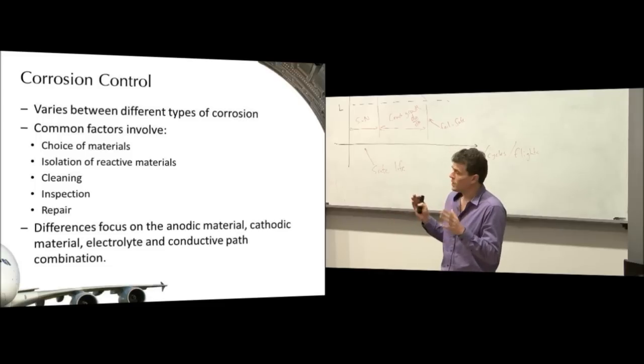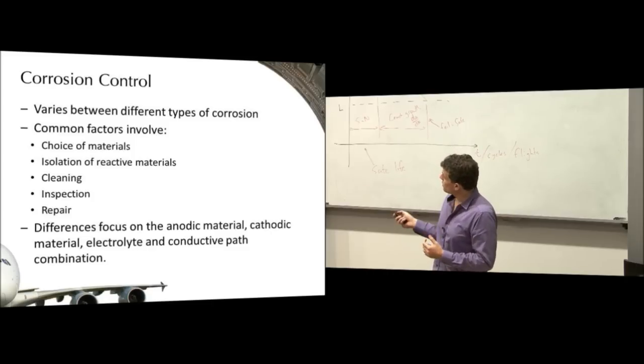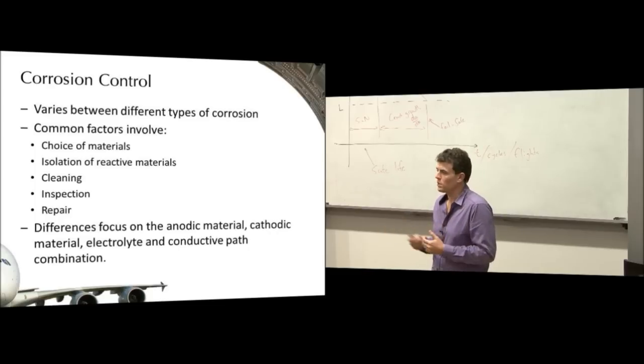So we need to work out ways of mitigating against corrosion and make that part of the maintenance routine. And the ways that we can mitigate are to choose materials of the airframe more carefully. Well, that's not really the choice of an aerospace engineer in an airline, but it's the choice of an aerospace engineer when they're designing a component.